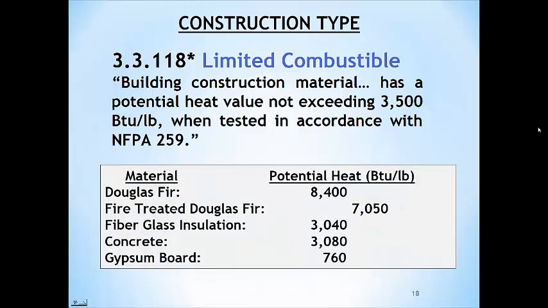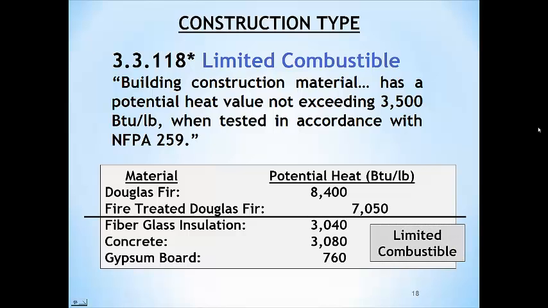Anything that is less than 3,500, that's considered limited combustible, but fire-treated wood, and Douglas fir is an example of it in here, that's way above the threshold for limited combustibles. So don't waste your time talking to an inspector saying that I've got fire rated anything in a non-combustible building. They will laugh at you and won't listen to you. That's all there is on structural requirements for a building construction.